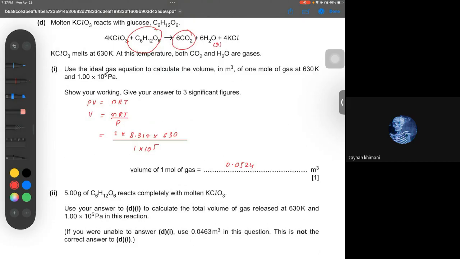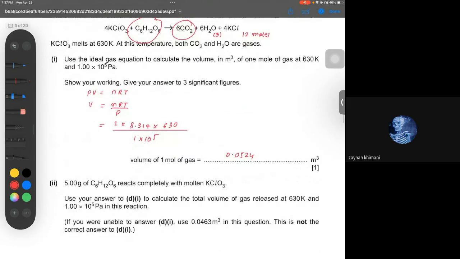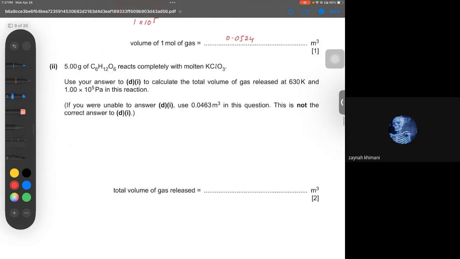So how many total moles do we have? 12 moles of gas released. What is the mole ratio? C6H12O6 to the total gas, that is 1 is to 12.